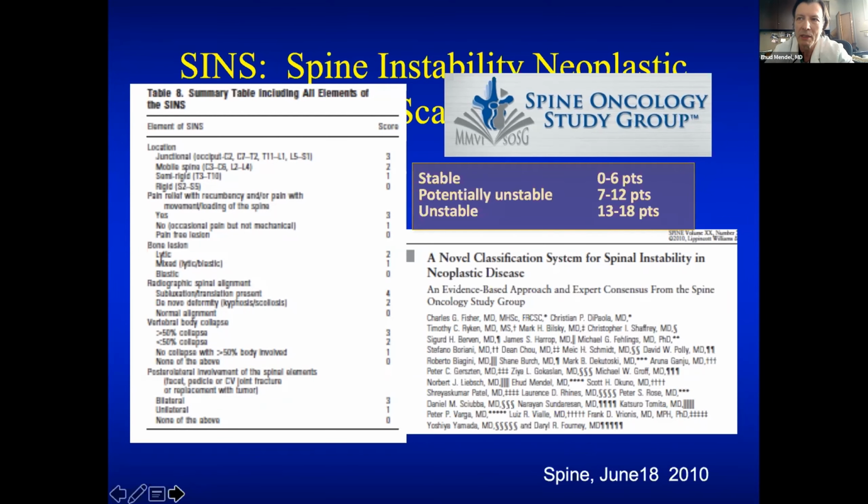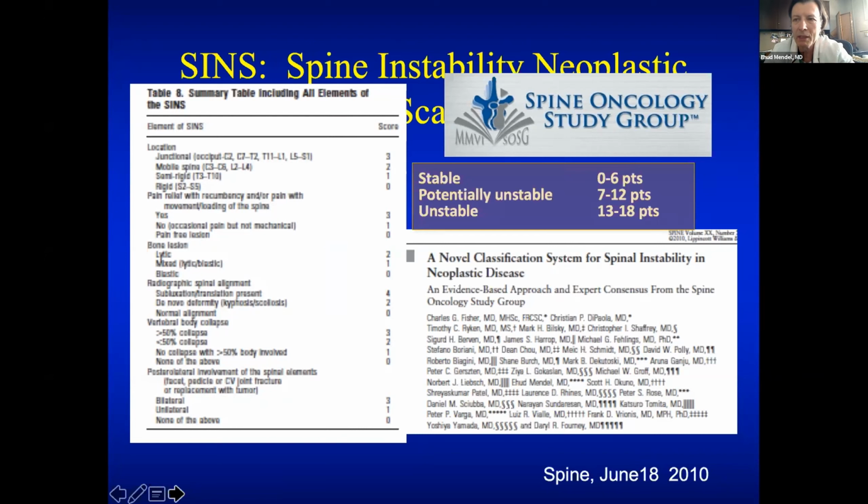And so you can see right here that the Spine Oncology Study Group got together and developed a novel classification system for spinal instability in patients with spine tumors. And this is a very easy classification system to use. A lot of our residents and fellows walk with this, and when they evaluate a patient, they can immediately assess the level of instability.